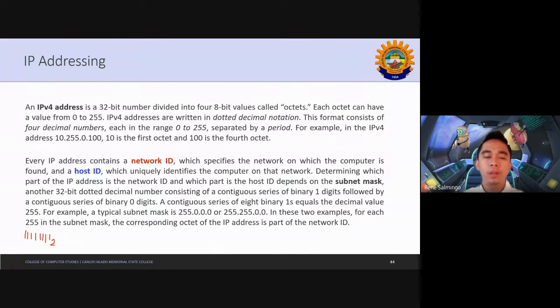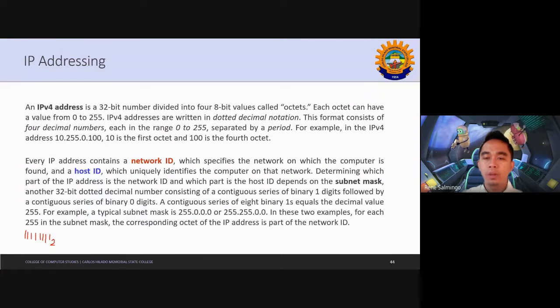So the count starts from this point up to this point. This is your least significant bit, and this is your most significant bit. That is on the right side, and this is on the left side of the binary value.